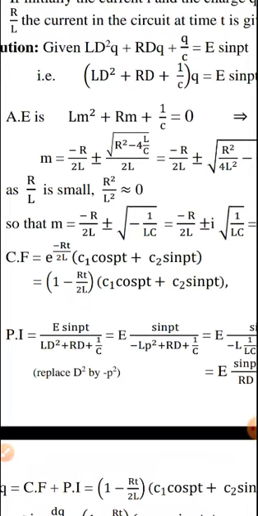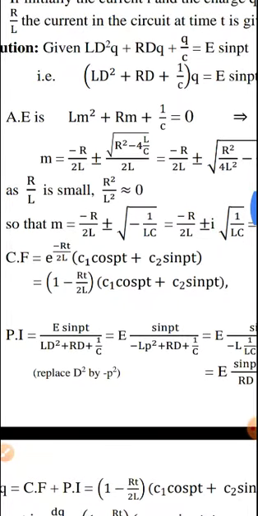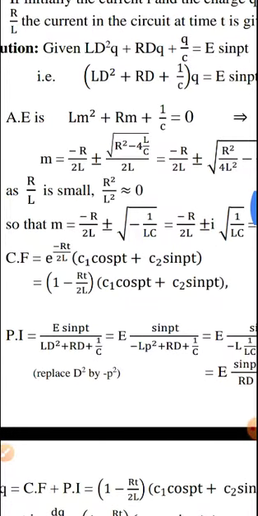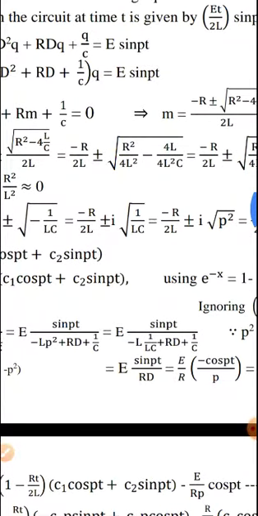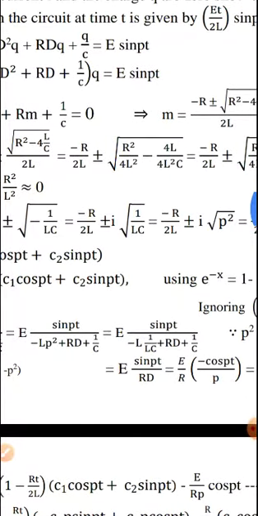So it will be E into sin pt divided by minus L p square plus RD plus 1 by C. E into sin pt divided by minus L into p square, which is 1 by LC, plus RD plus 1 by C. First term will be minus 1 by C and the last term is 1 by C in the denominator, so it gets cancelled. So the denominator will be only RD. So E into sin pt divided by RD.